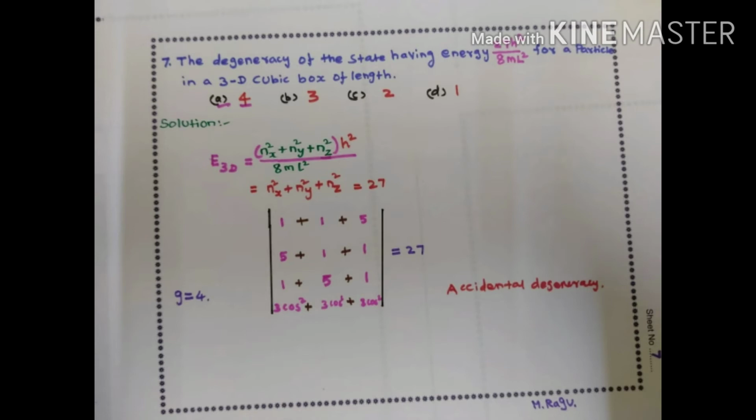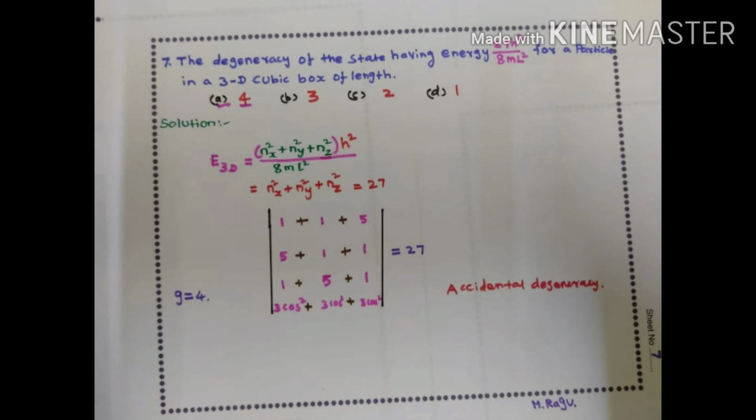Solution: E is equal to nx square plus ny square plus nz square, times h square divided by 8 m l square. E is the energy, 3D means three-dimensional, nx, ny, nz are the quantum numbers, h is the Planck constant, m is the mass, l is the length.